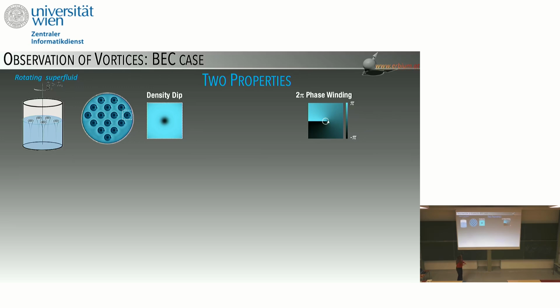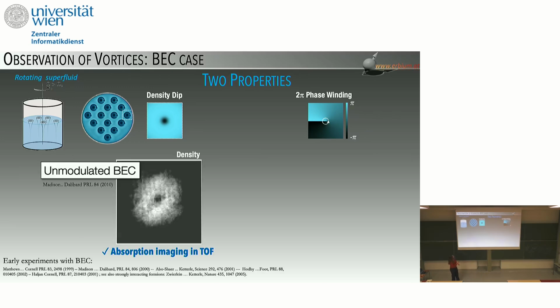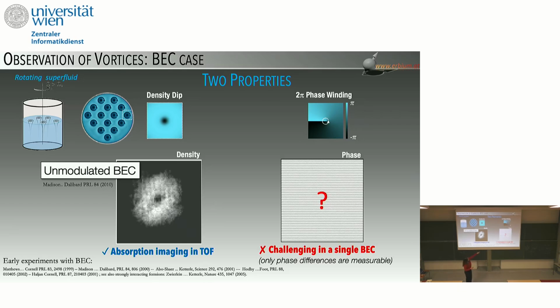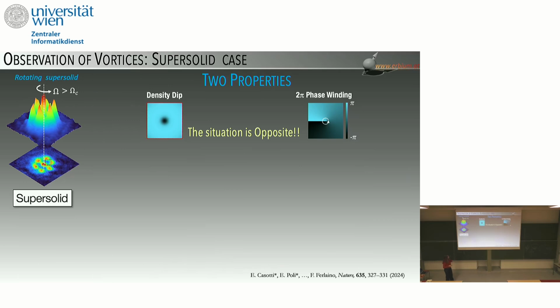Now, in a normal Bose-Einstein condensate, it's very easy to see the density dip because you have to imagine a normal Bose-Einstein condensate is almost constant density, and then you have a hole. While it's very difficult for a normal BEC to measure the phase winding, to measure directly the phase. The supersolid is the opposite, actually, because of the type of density distribution that we have.